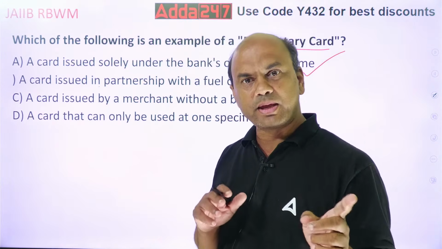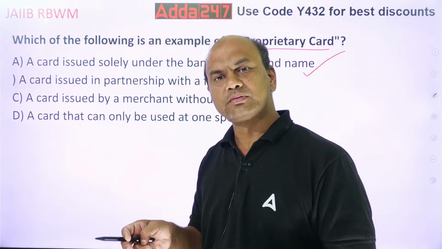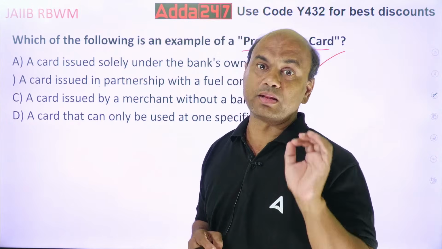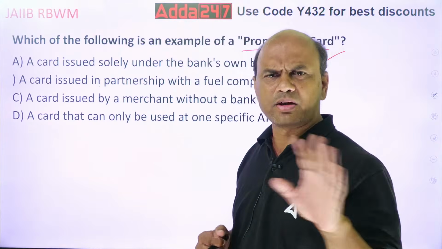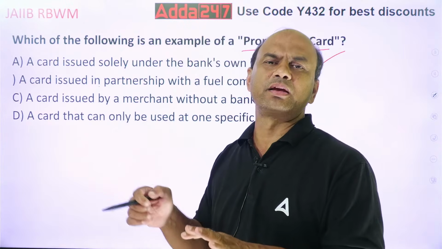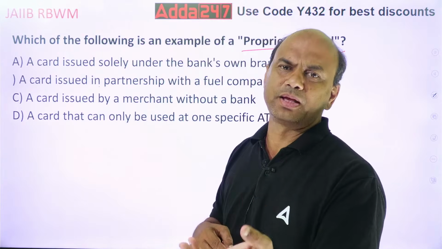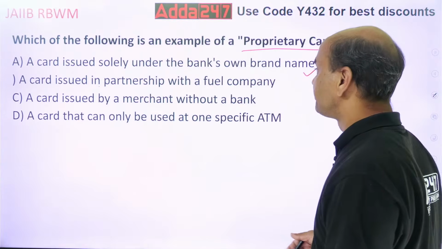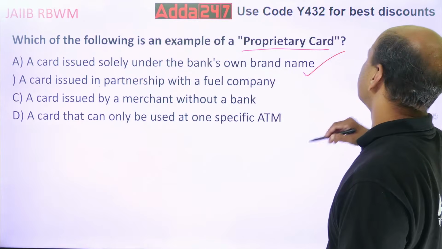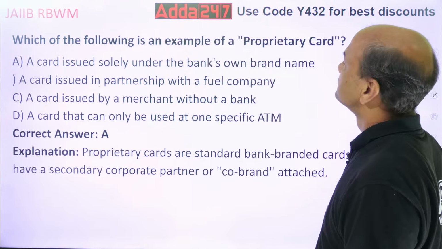One bank, one non-bank. Kindly note, one bank, one non-bank, co-branded. It will never be SBI plus HDFC Bank, SBI plus PNB, PNB plus Bank of Baroda. So here it means own brand name. Done?